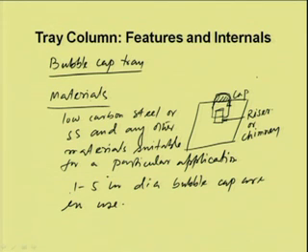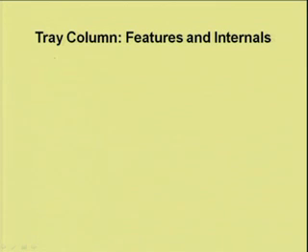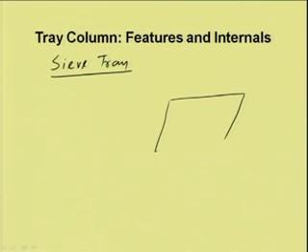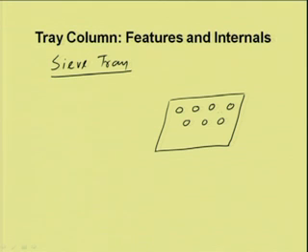Now, another type of tray is called the sieve tray. It is the simplest type of tray. It is a perforated plate, and the perforations usually have a triangular pitch.